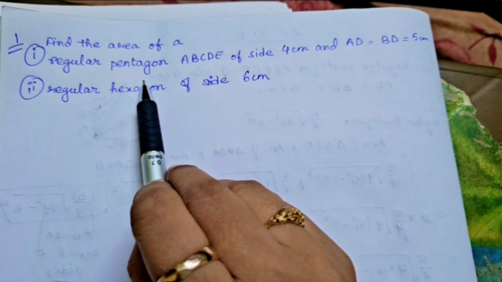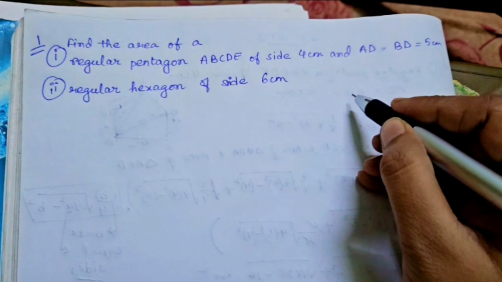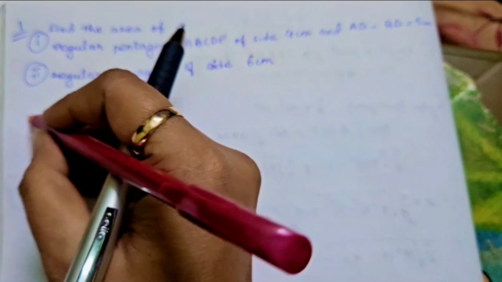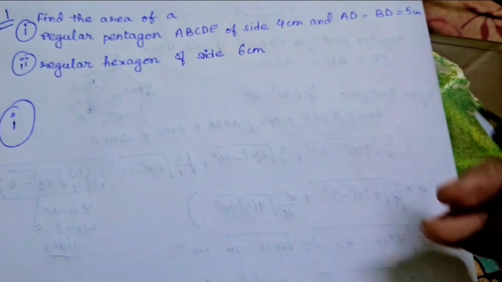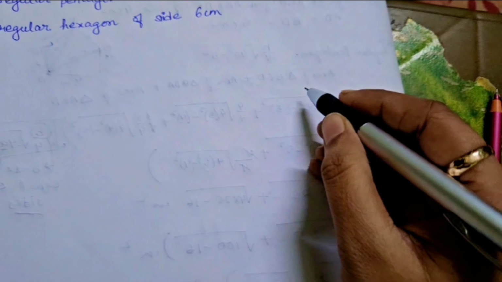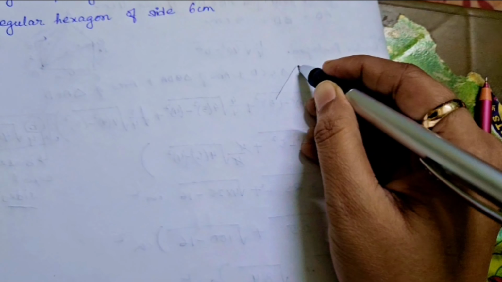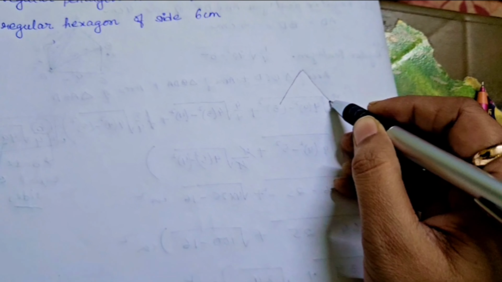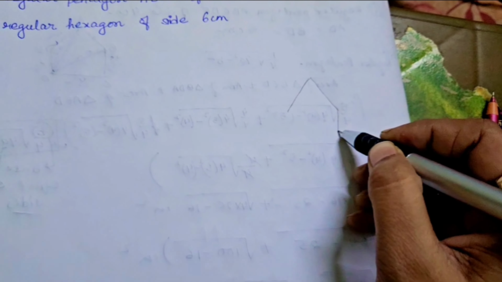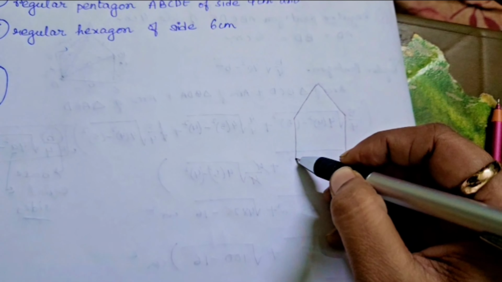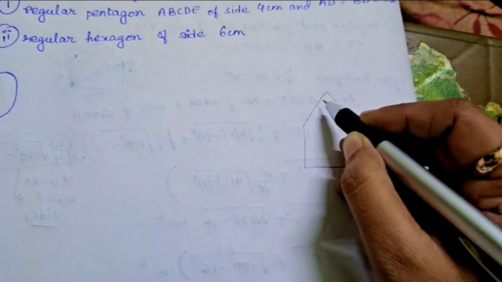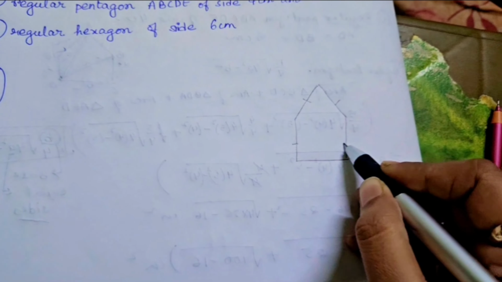Regular pentagon will have all sides equal. So first we begin with number 1. First we will make the diagram. So this will equal this will equal this, and this.